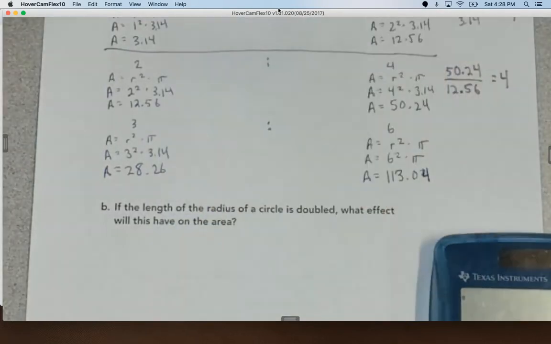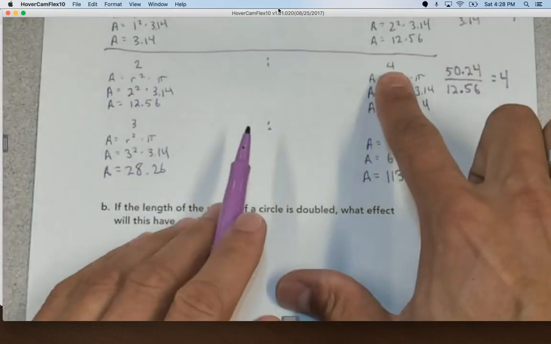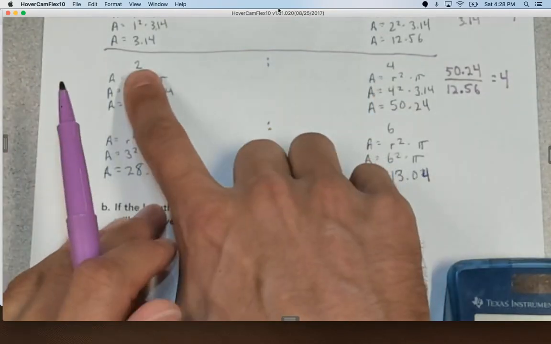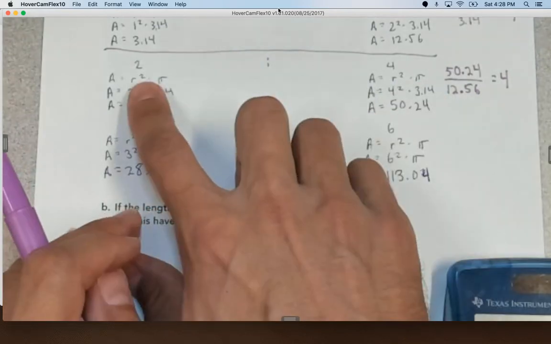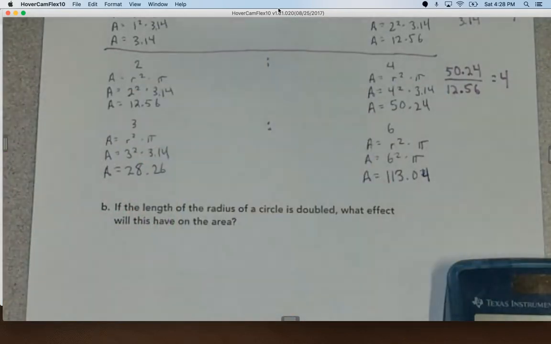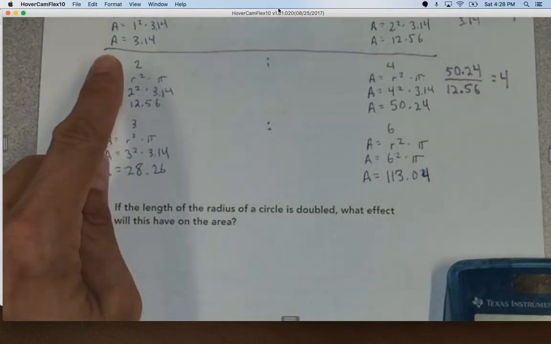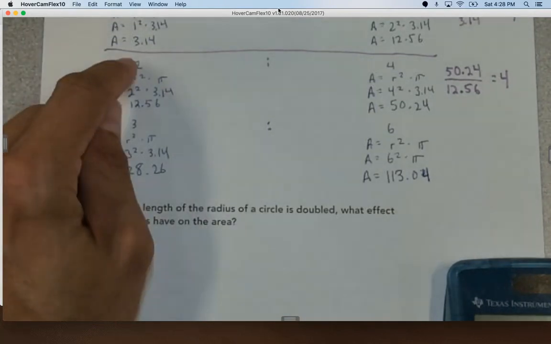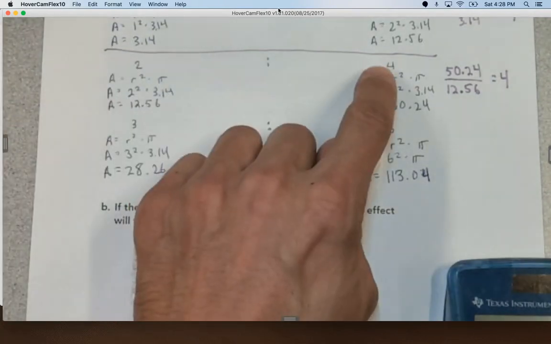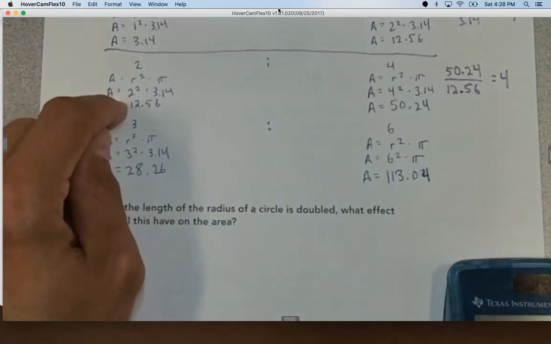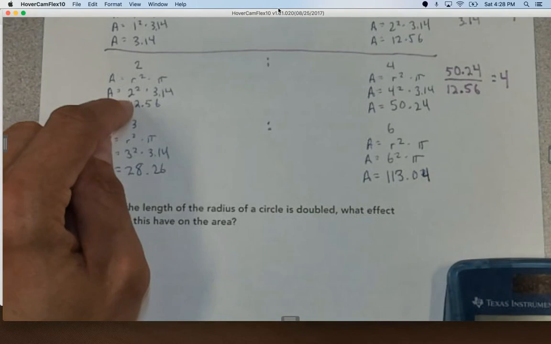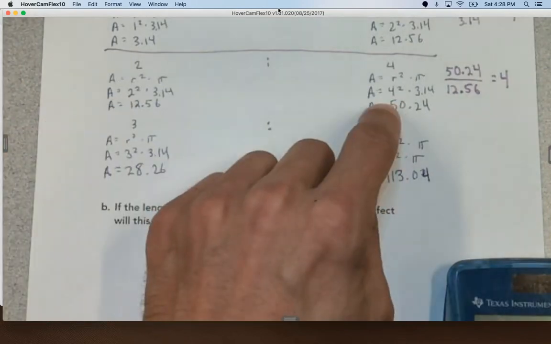So this radius is double the size of this one, and the area is 4 times the size of this one. Or if I said it the other way, the radius of 2 is half as big as the other radius, but the area is a quarter the size of the other.